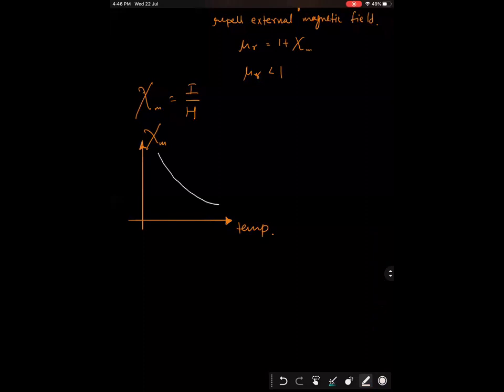If you increase temperature, what will happen? A paramagnetic substance will lose its magnetic property. That's why chi is decreasing with increase in temperature.